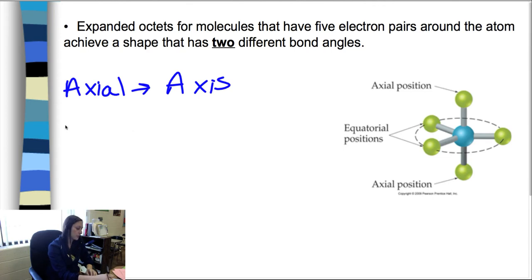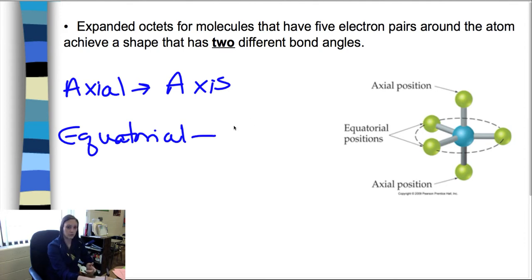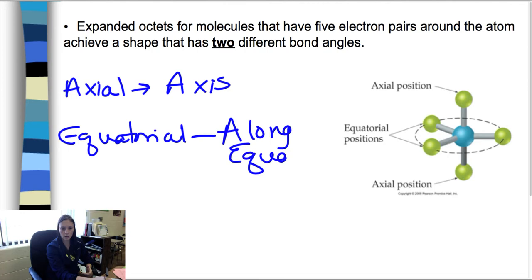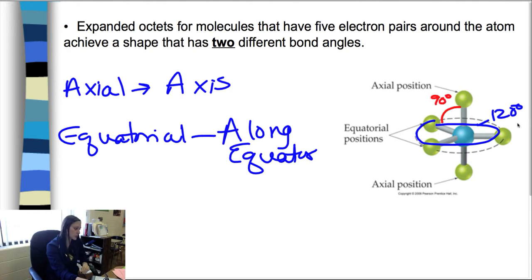And you have the equatorial positions, and those are, like it sounds, along the equator. So remember, just like our Earth's equator is around the middle, these ones run at 120 degrees versus these axial ones are 90 degrees from the equatorial ones. So you've got two bond angles there.